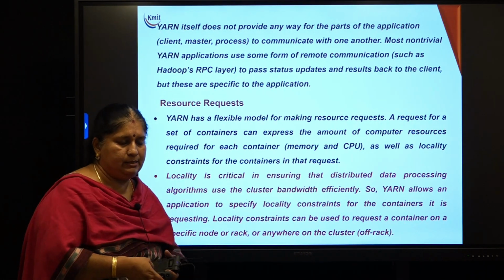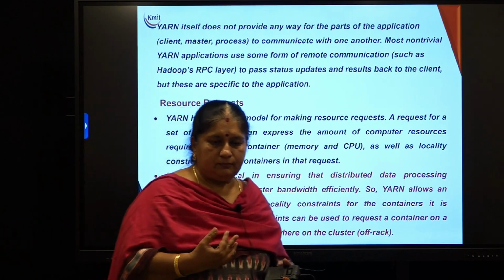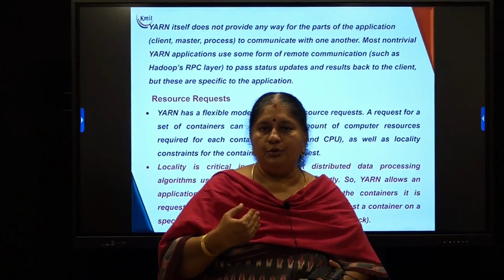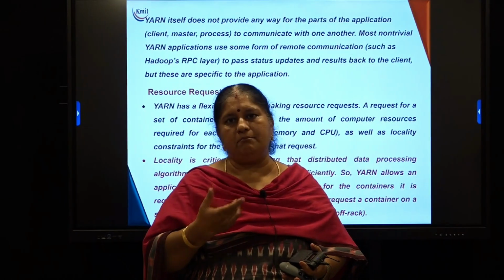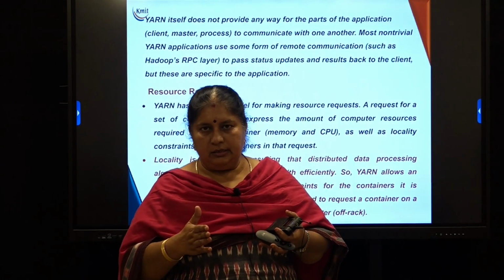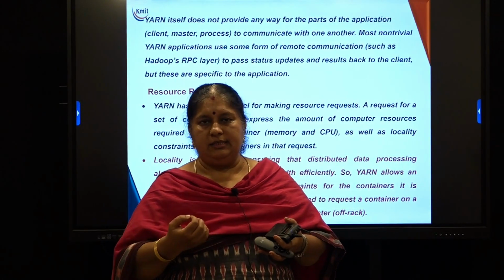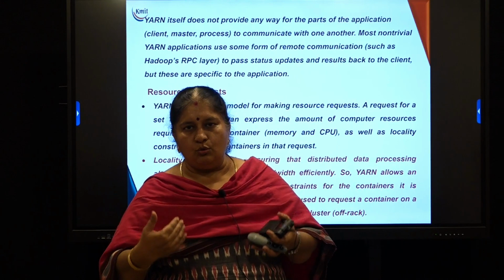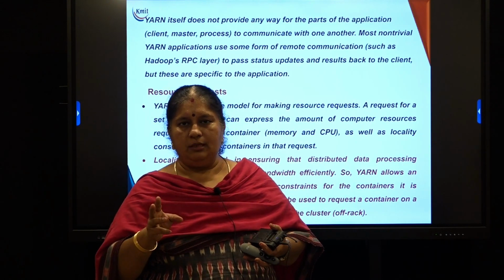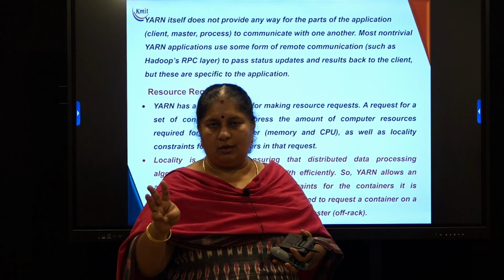What do I mean by this? Say for example, I want to run an application, and in that application I want to use a file, my resume. I can request YARN, please give me the node where I can run my application, and if at all possible, there will be 3 copies of every block.